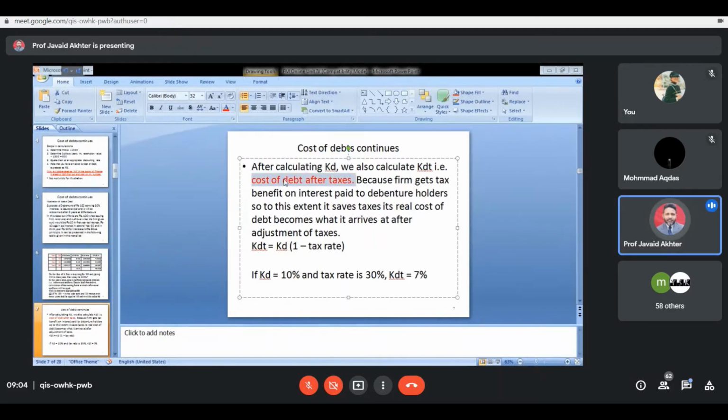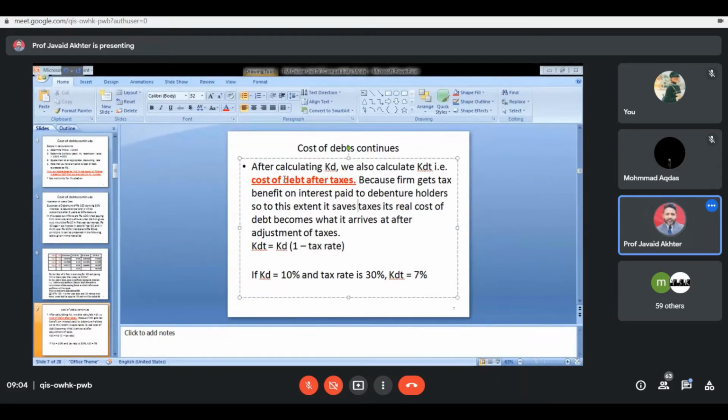Why is it important to calculate cost of debt after taxes? Because the firm gets a tax benefit on the interest it pays to debenture holders, to the bank, or on any fund. That has to be factored in and counted.